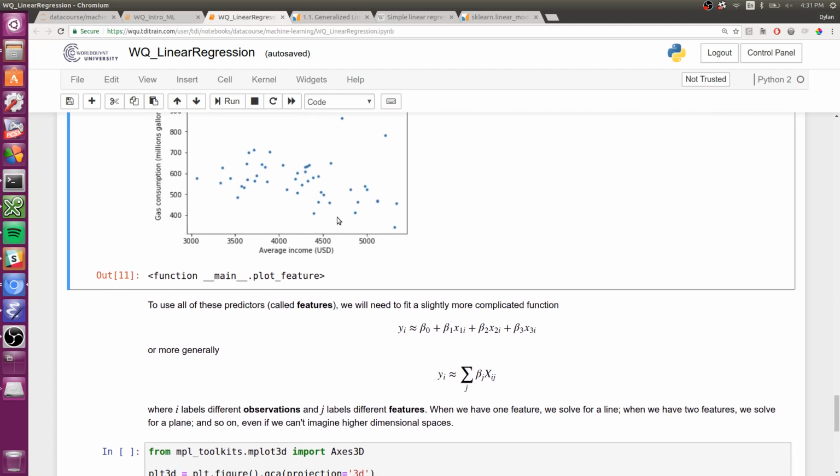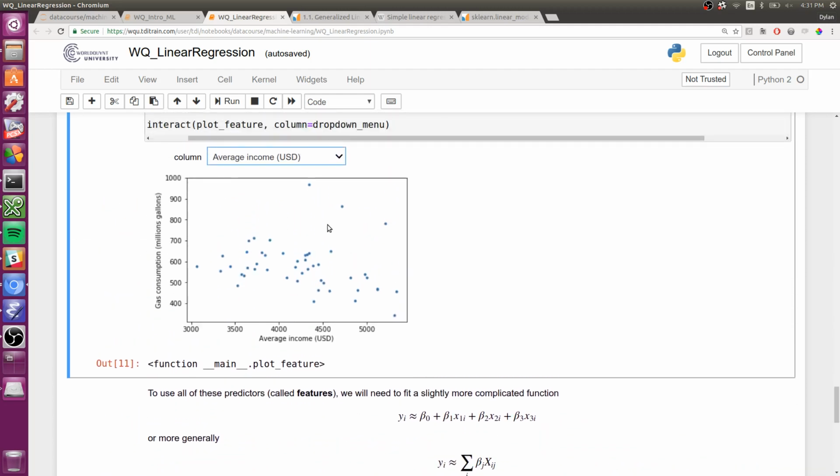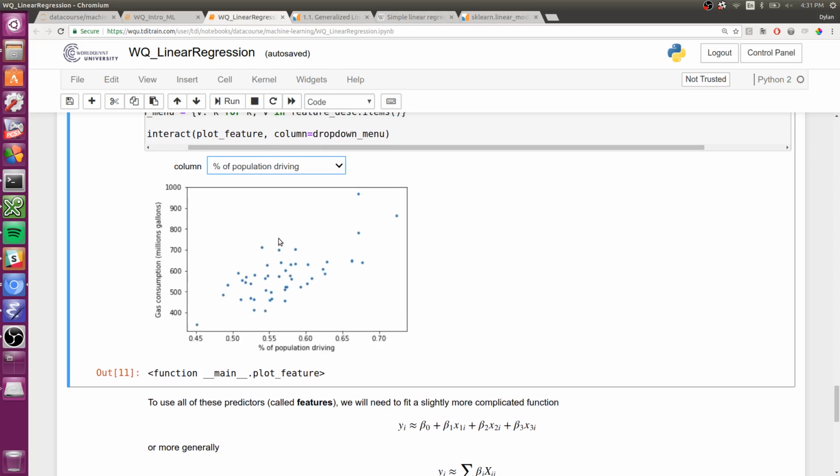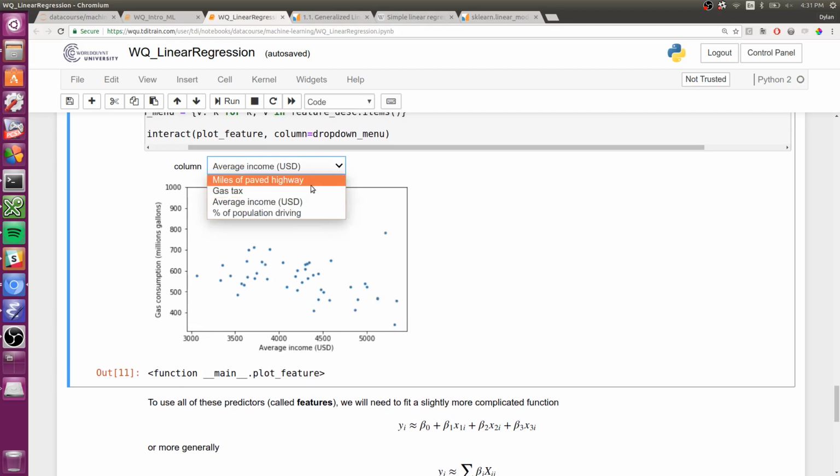So now, since we don't have just one explanatory variable, one x, we have several different x's: the tax, the miles of paved highway, average income.